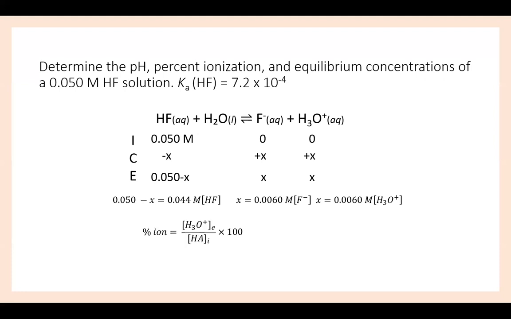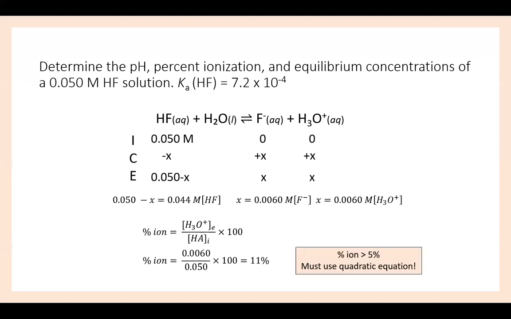The percent ionization takes the hydronium concentration at equilibrium and divides by the initial acid concentration and multiplies by 100. That gives us a percent ionization of 11%.